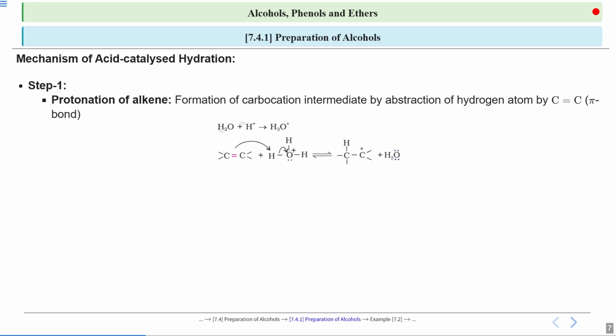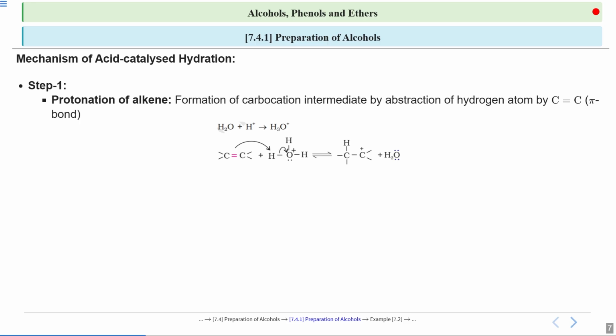What I am saying is, first of all, the water molecule will react with your acid catalyst and form a hydronium ion, H3O positive. Then this H3O positive is going to react with your alkene to do step 1, that is protonation of the alkene. What will happen? Because oxygen is having positive charge, the C double bond C is going to abstract the hydrogen atom from the H3O positive, and you will get a carbocation, because one of the double bonded carbons will get a hydrogen atom attached to it and the other will get a positive charge on it.